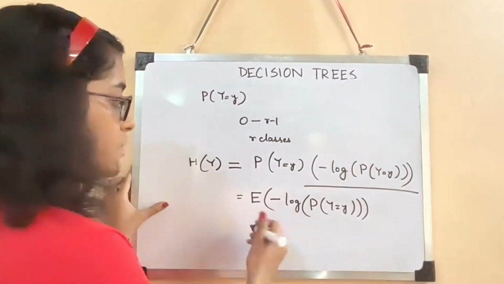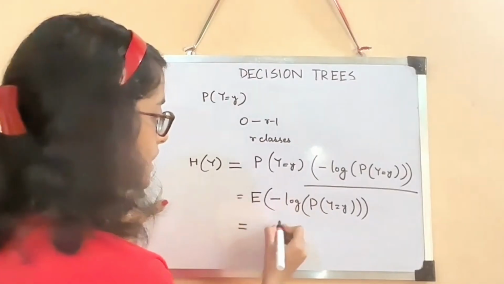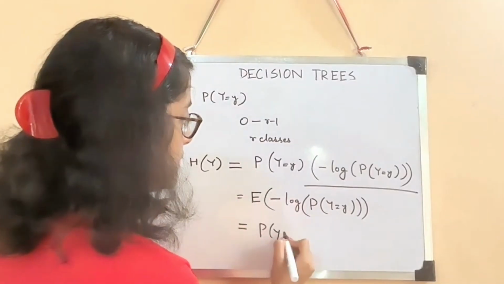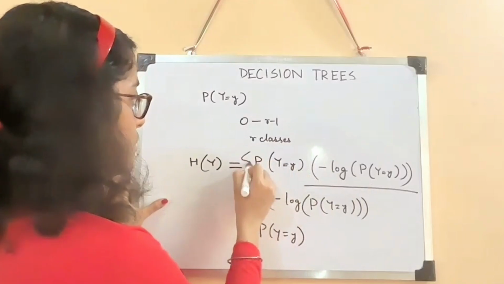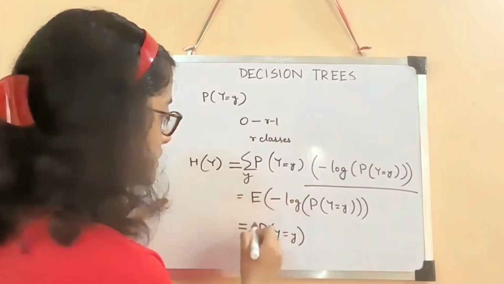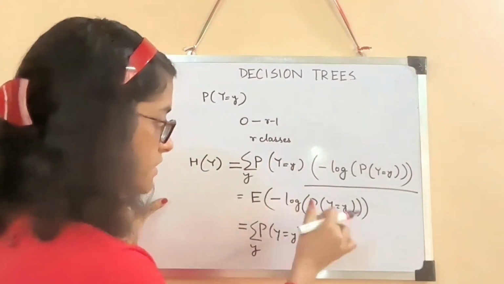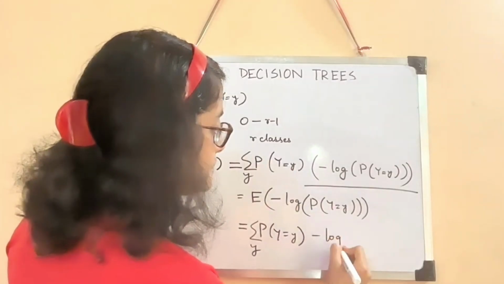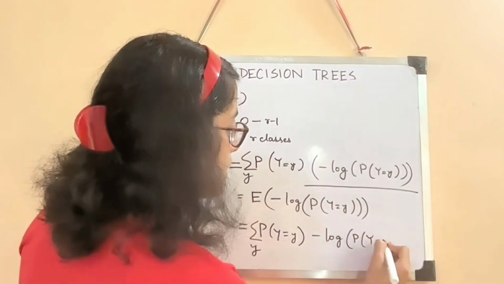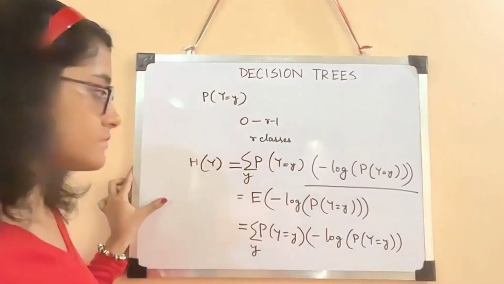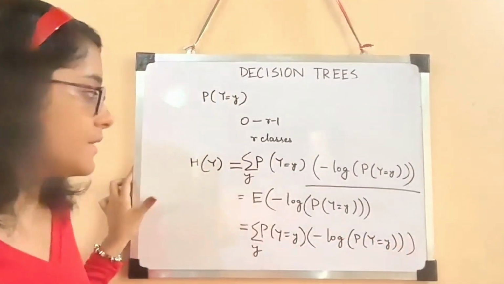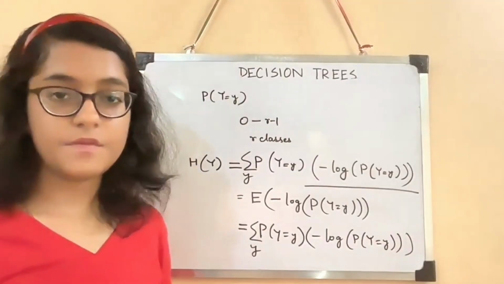Why? Because, one thing I forgot, summation over y. So this one would be summation over y, probability of y multiplied by the term log of p of y equal y. So this is our entropy that we have here.